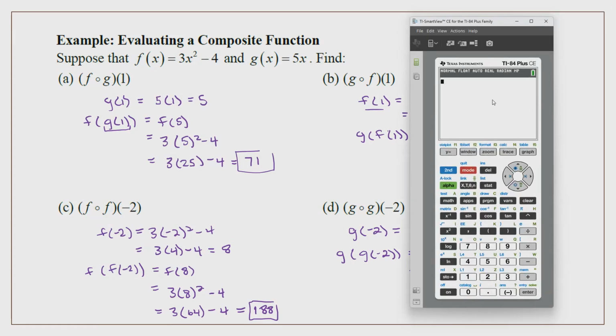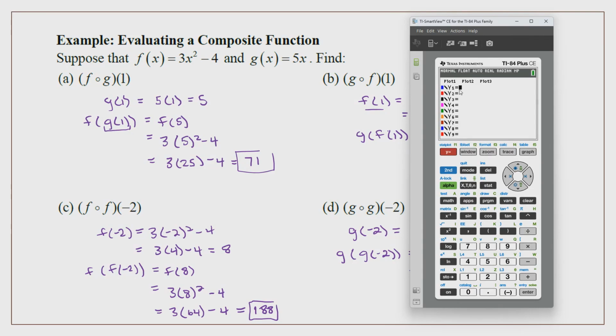All right, so let us do the first one, f composed with g of 1. We're going to go to y equals, and in y equals we're going to enter both of our functions.